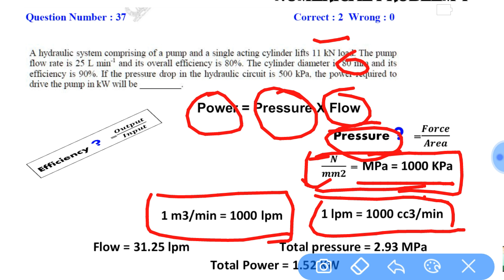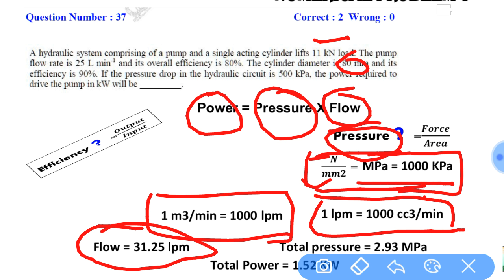As the pump flow rate is 25 lpm and the overall efficiency is 80%, the input flow of this pump will be 25 lpm divided by 0.8. That means 80% is 25 lpm, then what will be the 100%? So 100% is the input it has taken from the hydraulic system.